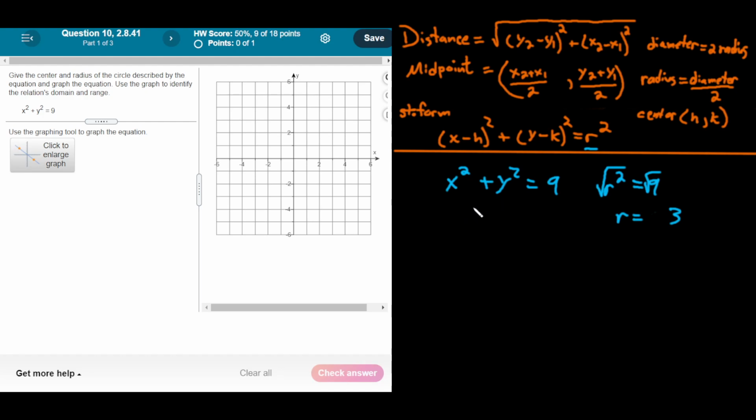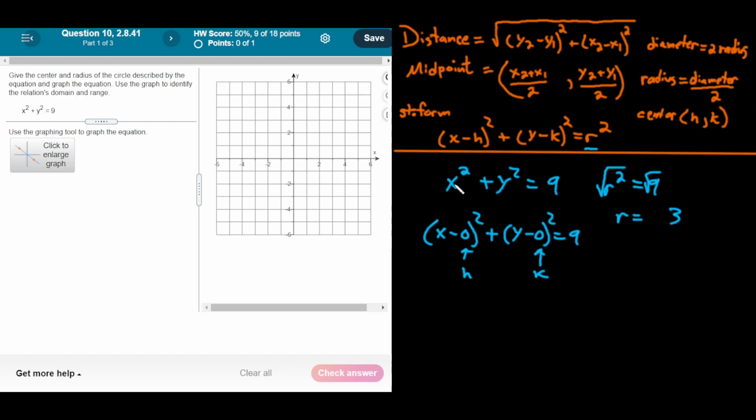But what about the center? The center depends on the left side of the equation. Now, you remember when we get an x squared or a y squared, it's because there was a 0 involved. So you can imagine we have x minus 0 squared plus y minus 0 squared. This guy right here is going to be your h, and this guy right here is going to be your k.